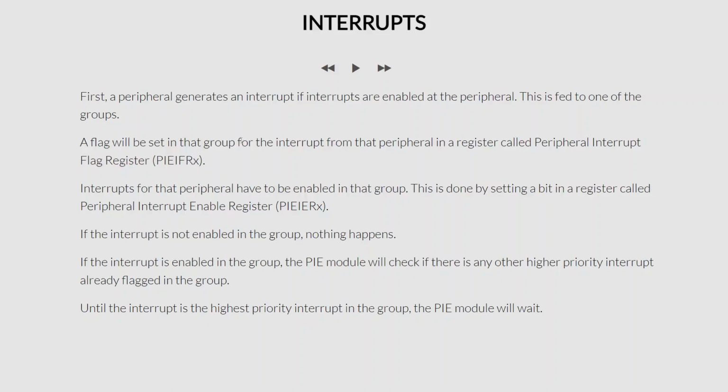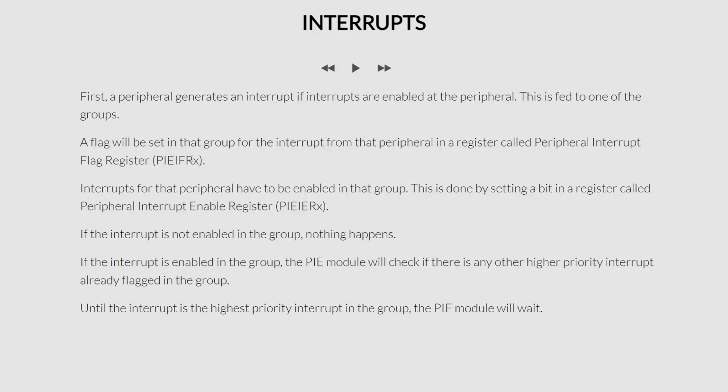And if the group is X, let's say group 5, then there will be a peripheral interrupt flag register number 5. So this will be PIE IFR 5, right? For every group, there is a peripheral interrupt flag register. And in that flag register, there will be a flag set for that particular interrupt from the peripheral.